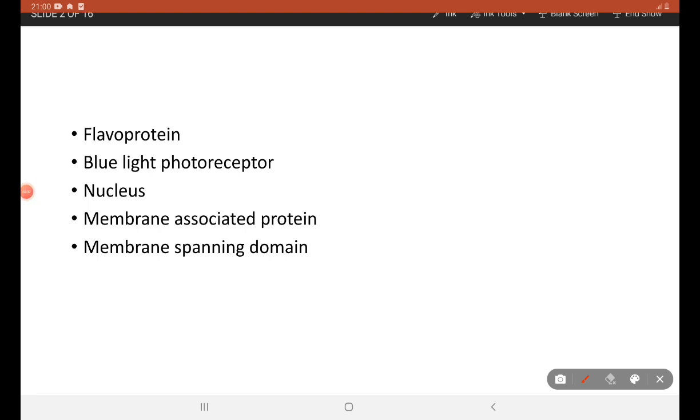Phototropin is nothing but a flavoprotein. It acts as a blue light photoreceptor. It is predominantly present in the nucleus. It is a membrane associated protein and it has no membrane spanning domain.